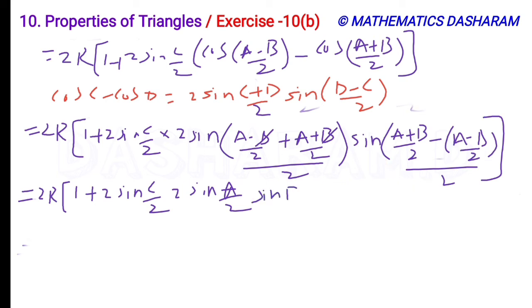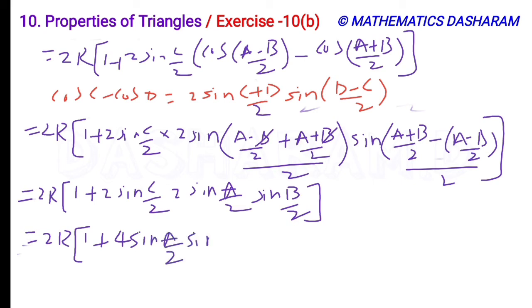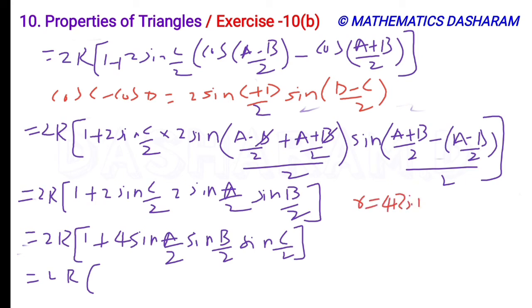So then it is equal to 2R bracket of 1 plus... sorry, here actually, 2 into 2, how much? 4. So then 4 sin A by 2 into sin B by 2 into sin C by 2. So we have a formula, r equals 4R sin A by 2 into sin B by 2 into sin C by 2.